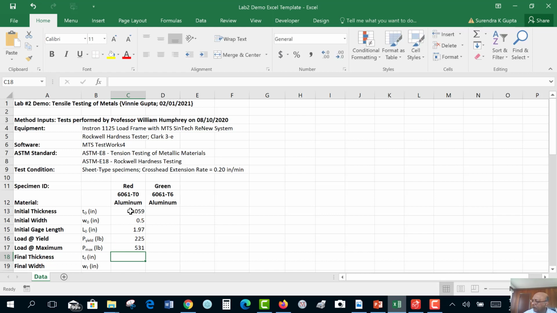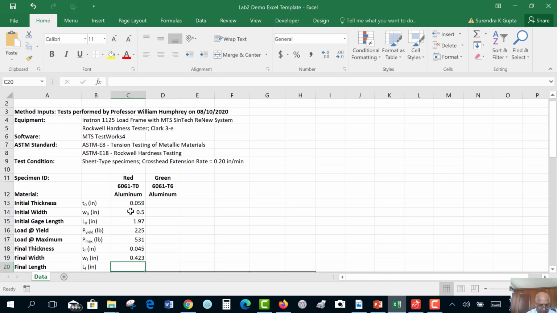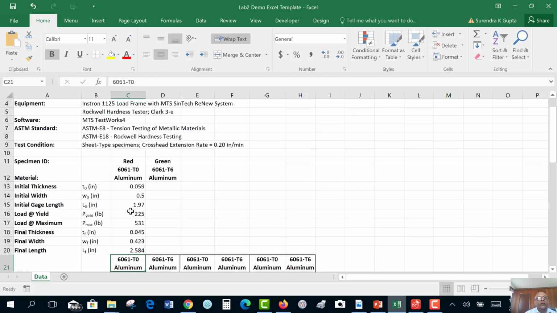After it broke, I used the vernier caliper to measure the thickness, 0.045, the width, 0.423, and the length between the gauge marks after fracture, 584. So this was for the red sample.